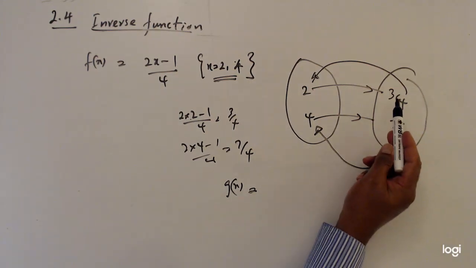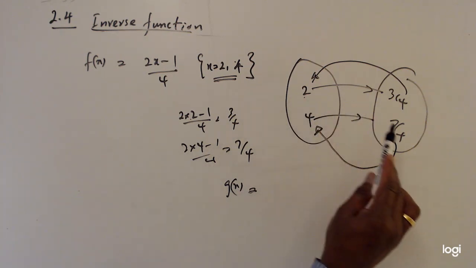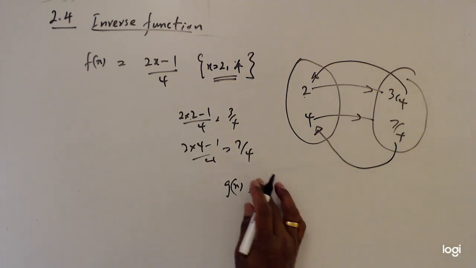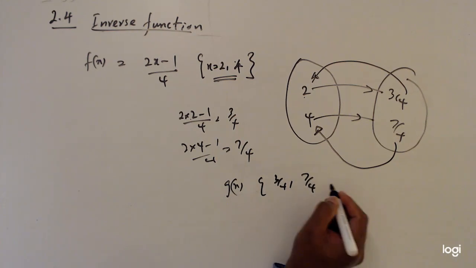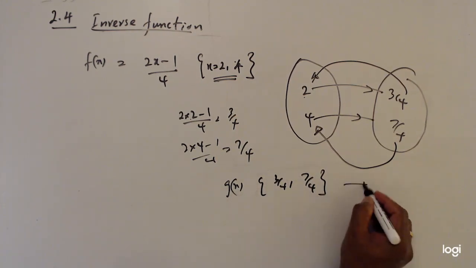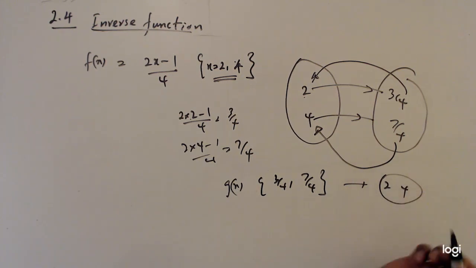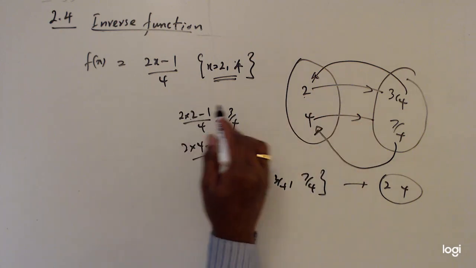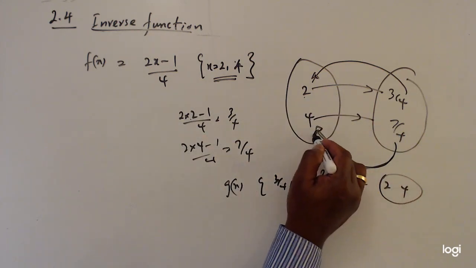When you put 3 over 4, you should get 2, the other way around. So for g(x), what is the domain? 3 over 4 and 7 over 4. What is the expected range? 2 and 4. So this is the function the other way around.